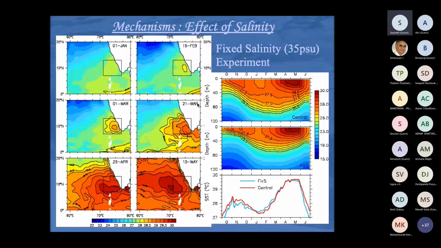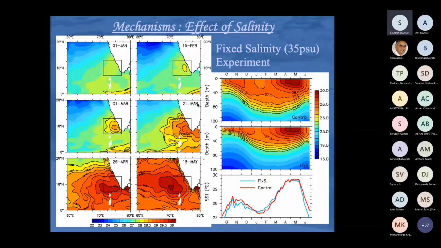And in order to do that, because the model has some limitations in handling all these processes, in one experiment, that is the control, you have the salinity varying as in nature with all the river runoff, fresh water and everything. And then you do another experiment in which the salinity doesn't change.